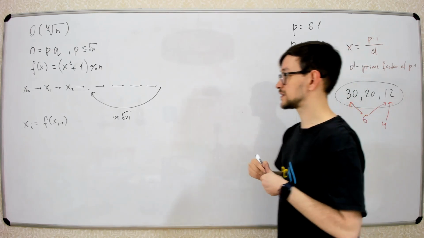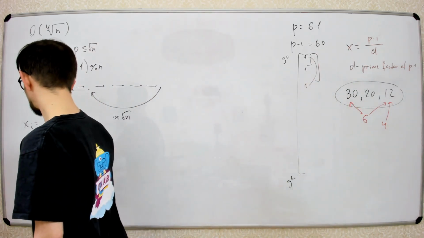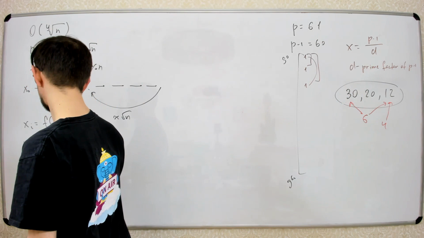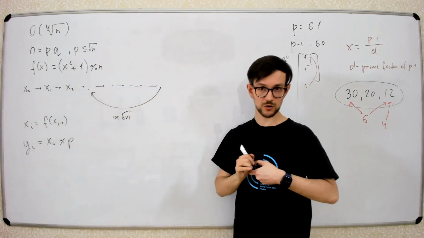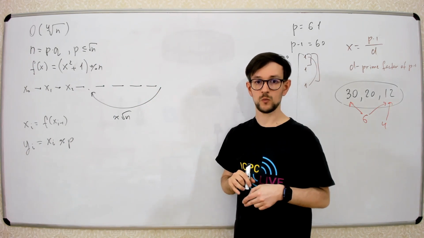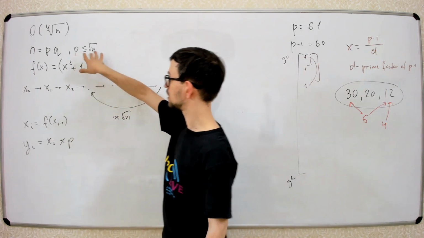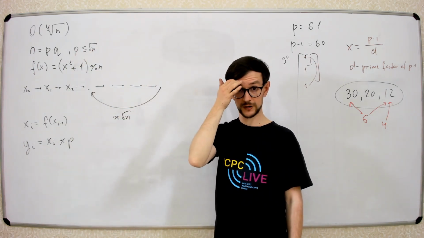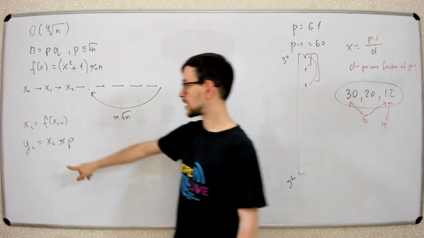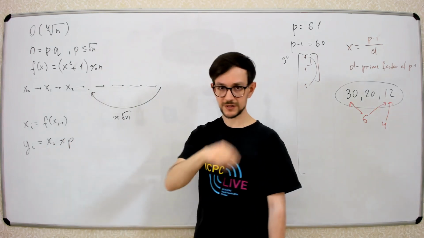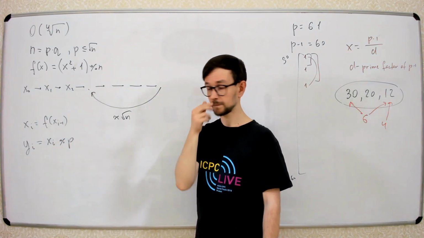Let's look at the following values: y equals x_i modulo p. So we have some divisor of n, and we know that we have some divisor which is less than or equal to the square root of n. Let's look at the numbers x_i modulo this divisor of n.